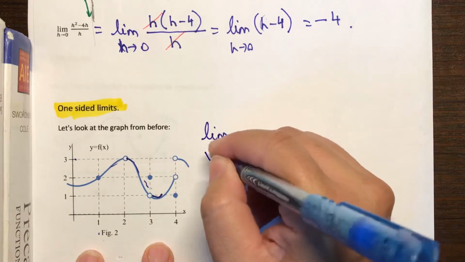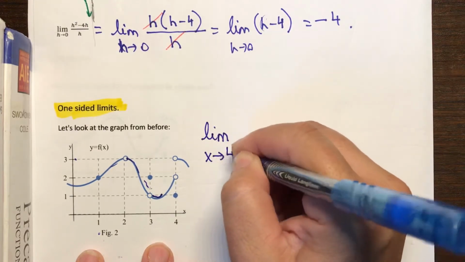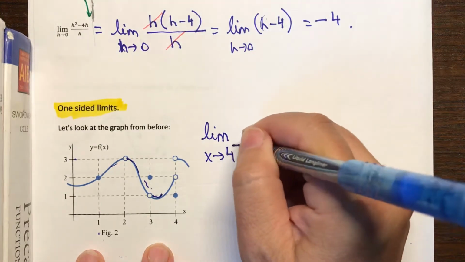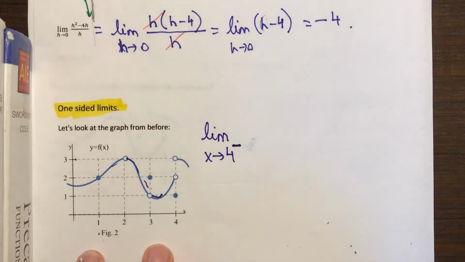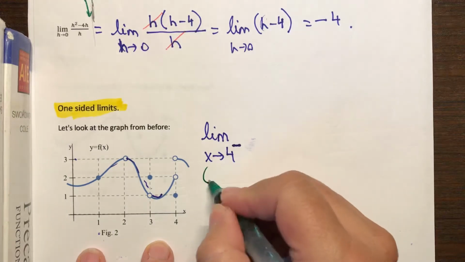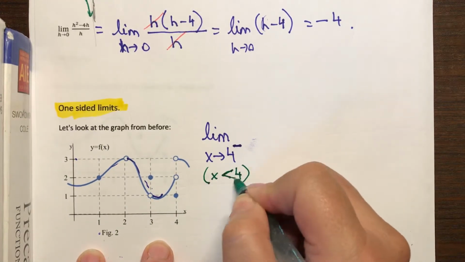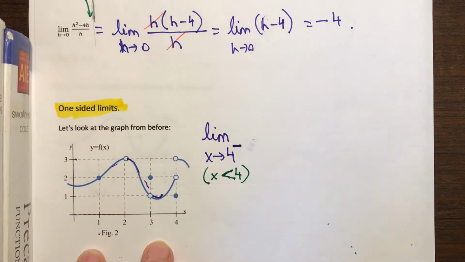So the limit as x approaches 4, it was different coming in from the left than coming in from the right. So what we're doing is we're putting a little minus sign, and we're going to review this on the next page. So x approaches 4 with a little minus simply means that we are coming in from the left-hand side, so with values less than 4, of f of x.